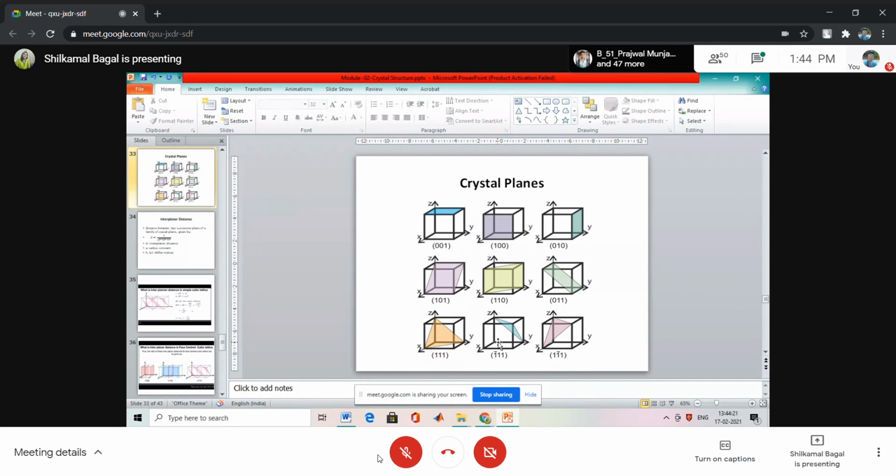Then the next one, this is bar 1, 1, 1. This plane is 1, 1, 1, but this is bar 1, 1, 1, meaning one of the indices of this plane has a negative intercept. It cuts the negative x-axis. So it has an intercept along the negative x-axis of 1 unit, along the positive y or b axis of 1 unit, and also c is 1 unit. So make the marks.